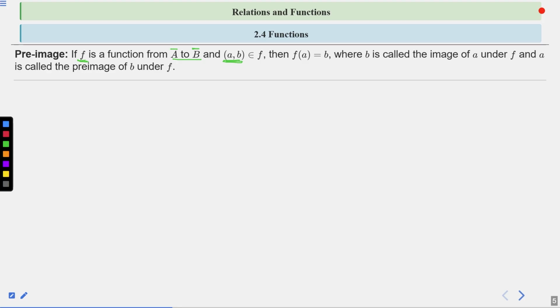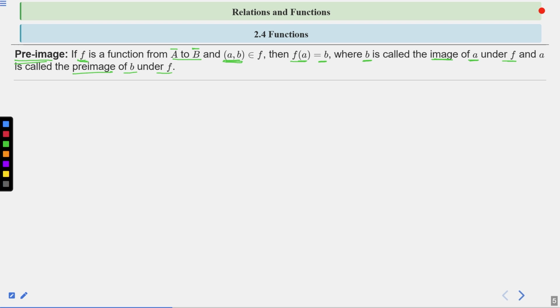Now, preimage means that F(a) equals b, meaning b is called the image of a under F, and a is the preimage of b under F.